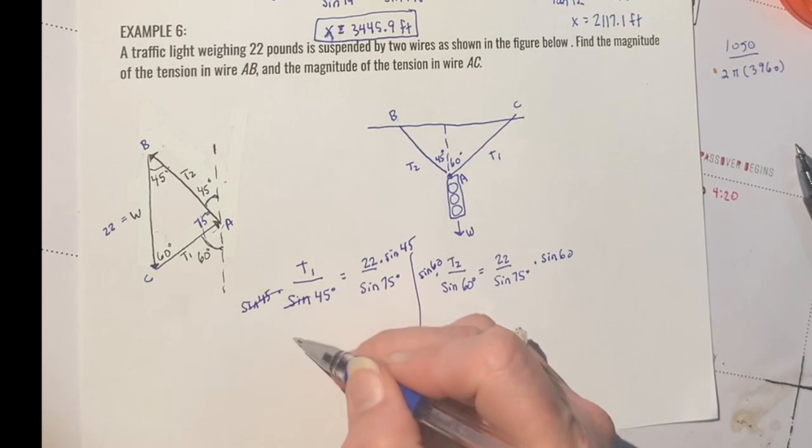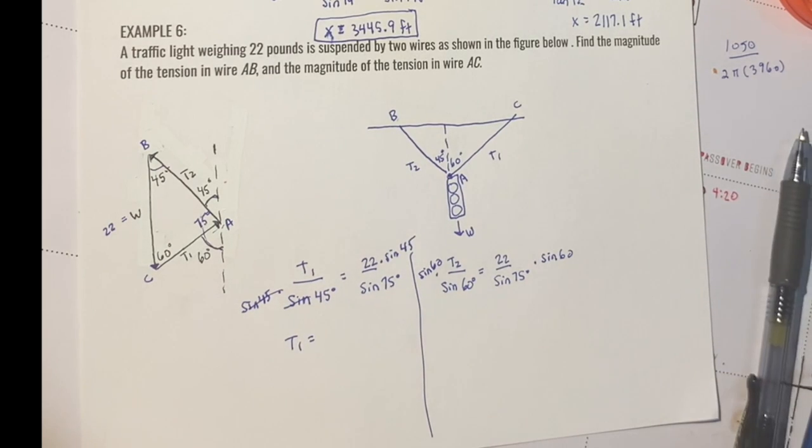And so I have T1, let's see here, 22 times the sine of 45, which is square root of 2 over 2, or we'll go ahead and put it in decimal form here, calculator. And then that's going to be divided by the sine of 75.